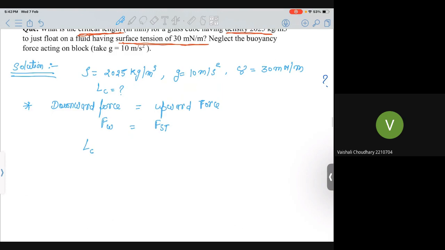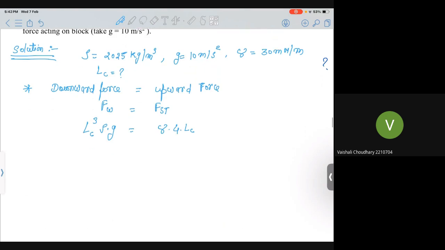We'll write the critical length L suffix C: L cube times rho g, and the surface tension force is gamma times 4 times LC. This is the surface area of the glass block, and the critical length LC is 4 times gamma divided by rho g, or we can write it as 2 into gamma by rho g.